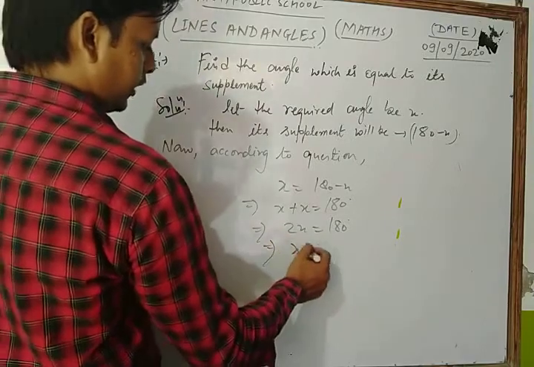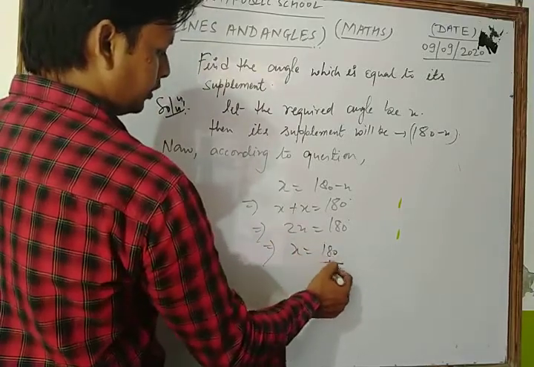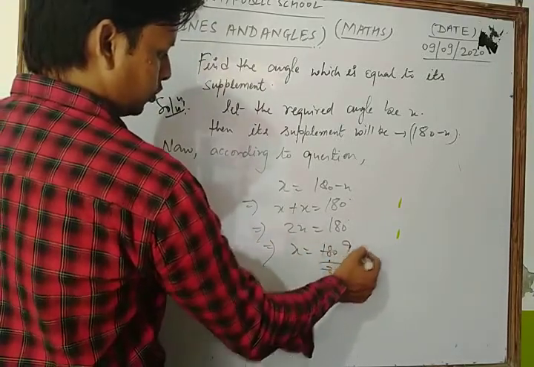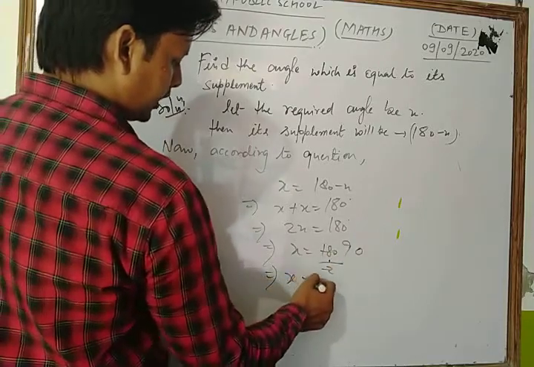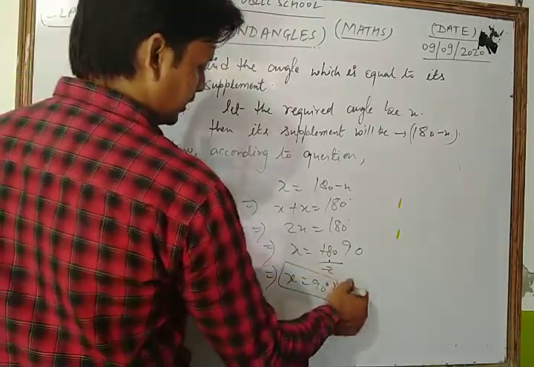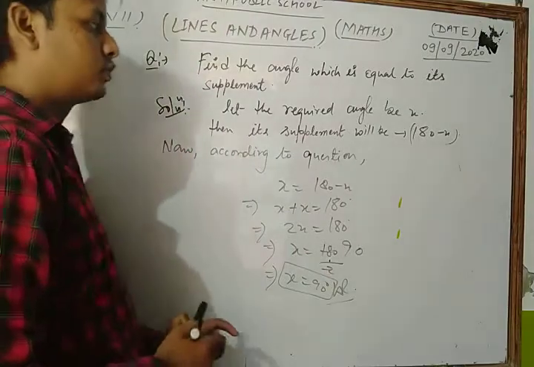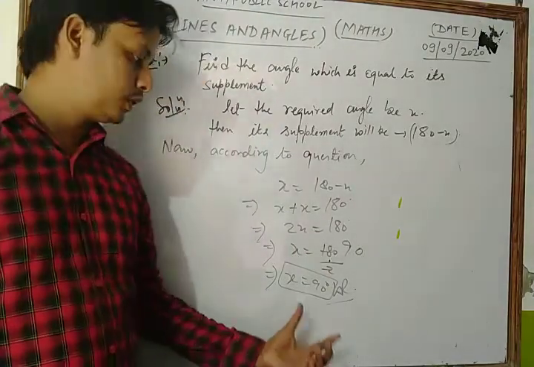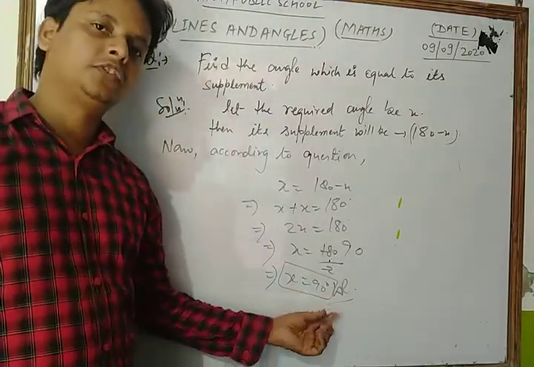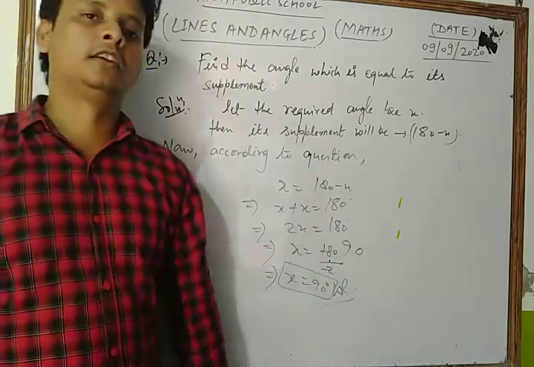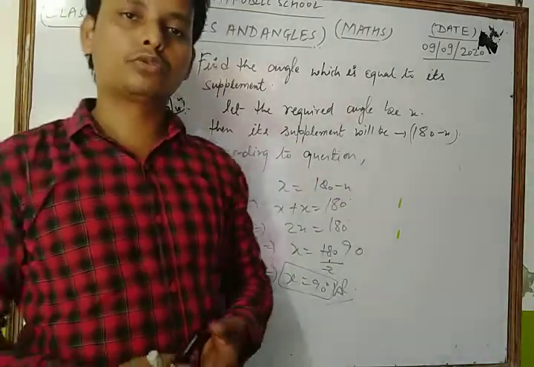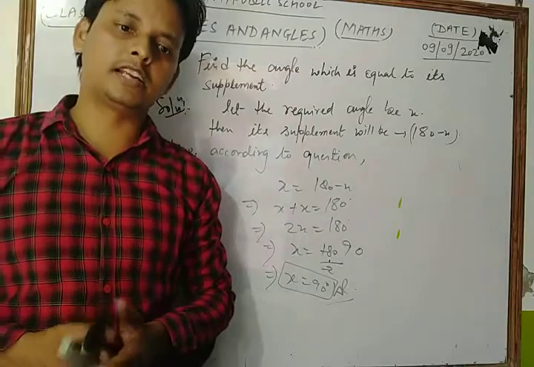So the value of x is 180 upon 2. 2 nines are 18, 0. So in this way, dear student, the required angle is 90 degrees, which is equal to its supplement. So dear student, in this way we also solve the question based on the supplementary angles.